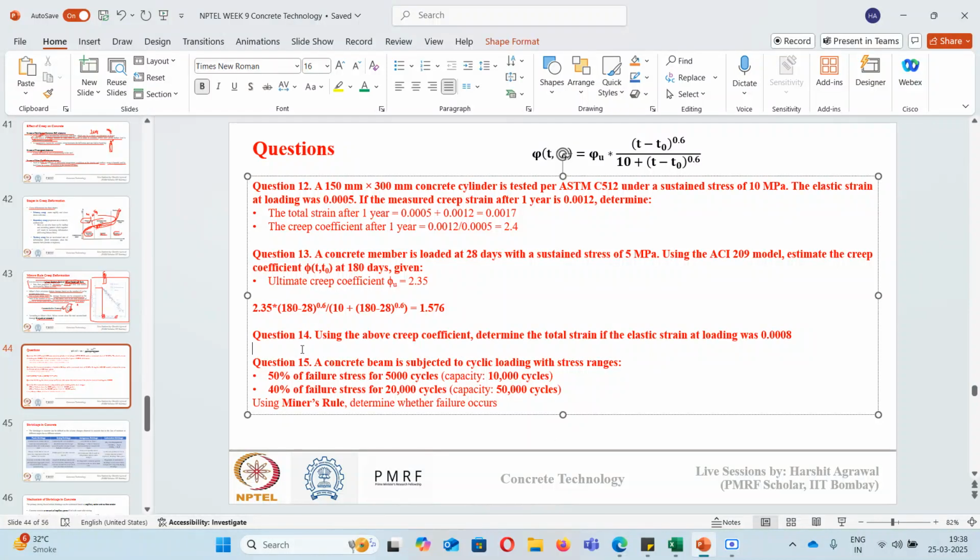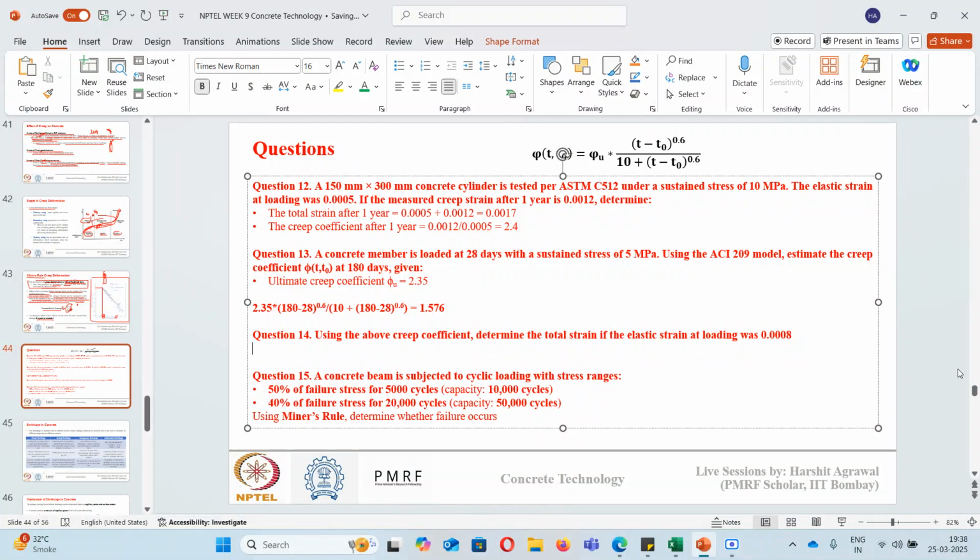Let me tell you the answer so that we can move fast ahead. I know the creep coefficient and I know the elastic strain, so I can calculate the creep strain. It is nothing but the creep coefficient times the elastic strain. So 1.567 times 0.0008 will give me the creep strain, which comes out to be 0.00125.